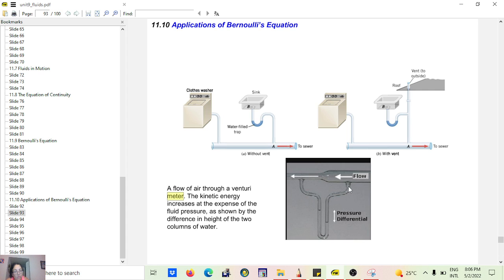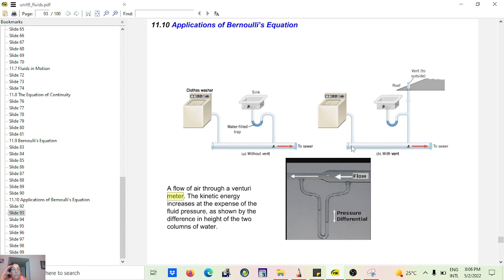If you make two openings here with water inside, you see that the pressure here will be higher than there. By measuring that height between here and there, you can find the pressure difference and you can find the difference between this velocity and that velocity. Okay, this is called the Venturi meter.